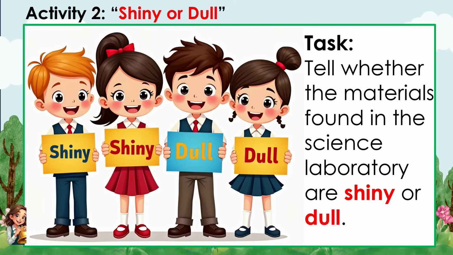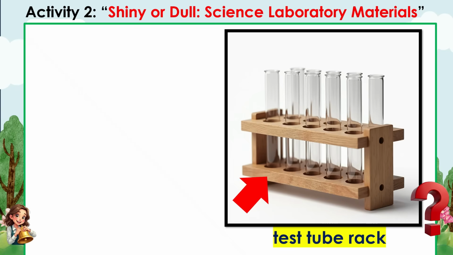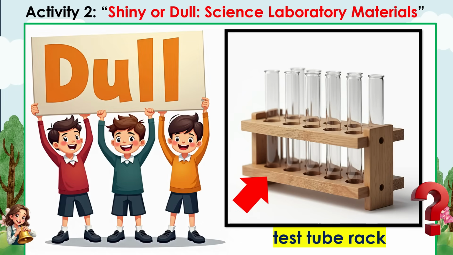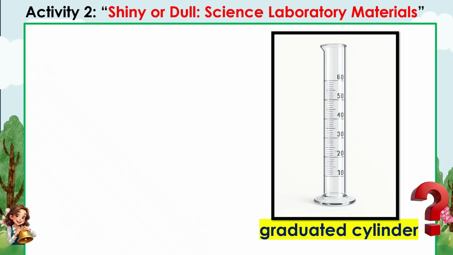For our science activity, tell whether the materials found in the science laboratory are shiny or dull. Test tube rock. Yes, it is dull. Graduated cylinder.